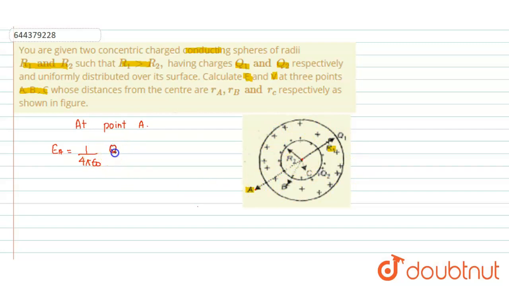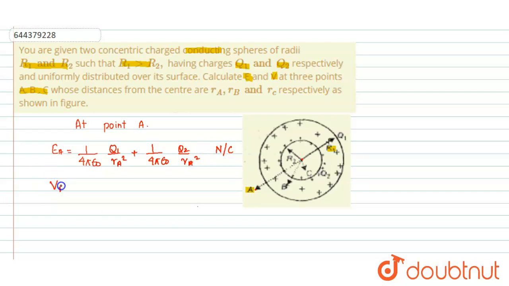So the electric field due to the larger sphere is Q1 divided by RA square, plus the electric field due to this charge. Again with the similar concept we treat all the charge to be placed at the center, and we have to find the electric field at this point. So this will be 1 upon 4 pi epsilon naught Q2 divided by RA square. This will be the magnitude of the electric field in Newton per Coulomb.